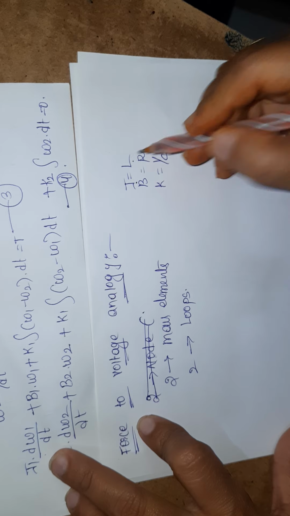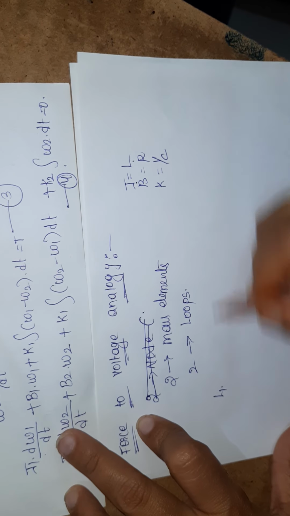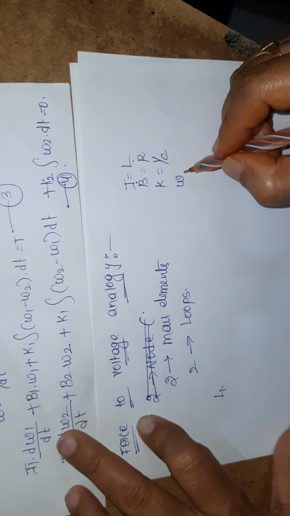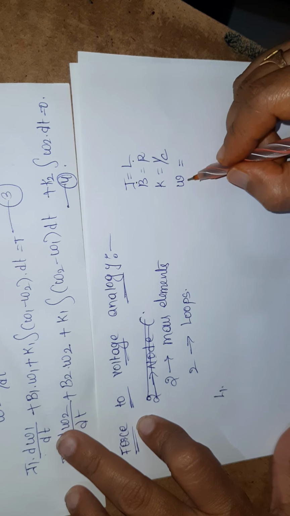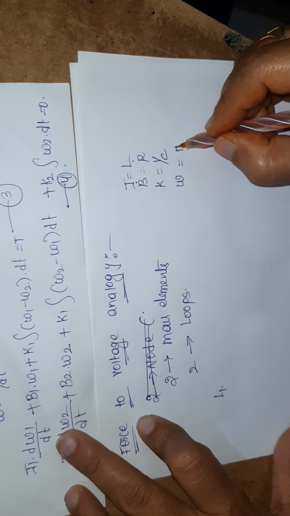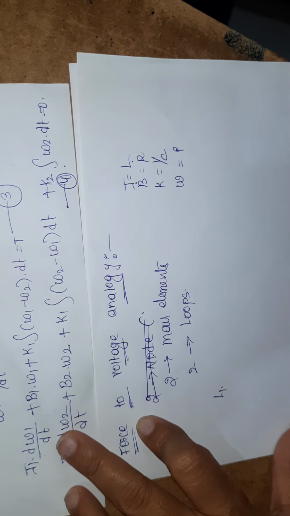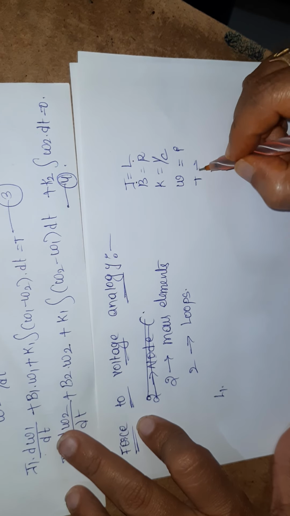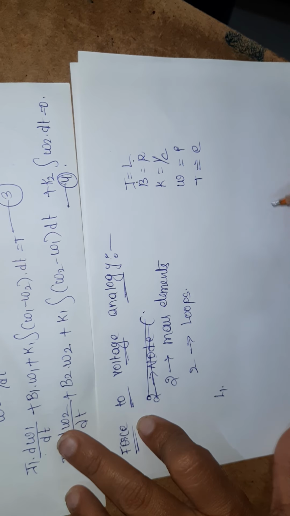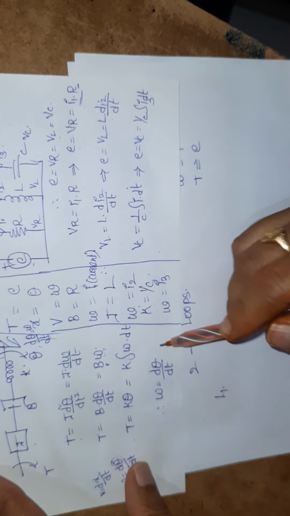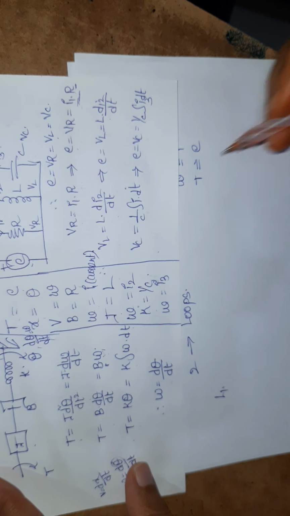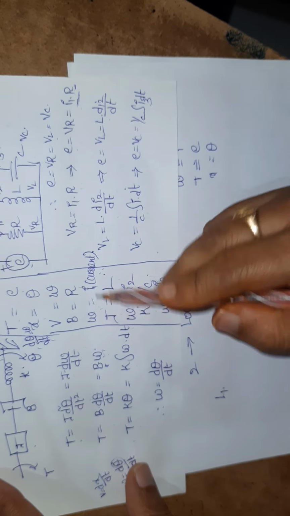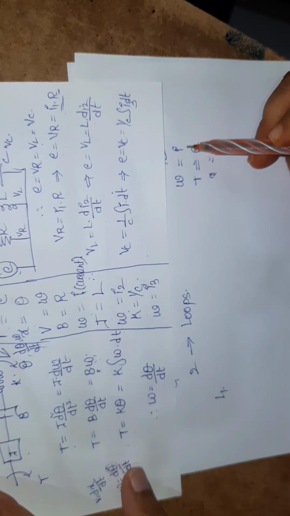Just replace J with L, L1, and what is omega? Omega is nothing but current element. Next, what is torque? Torque is nothing but voltage source. From here, see, torque is nothing but voltage source, x is nothing but theta, omega is nothing but current. Okay, these are the things we have to keep in mind.